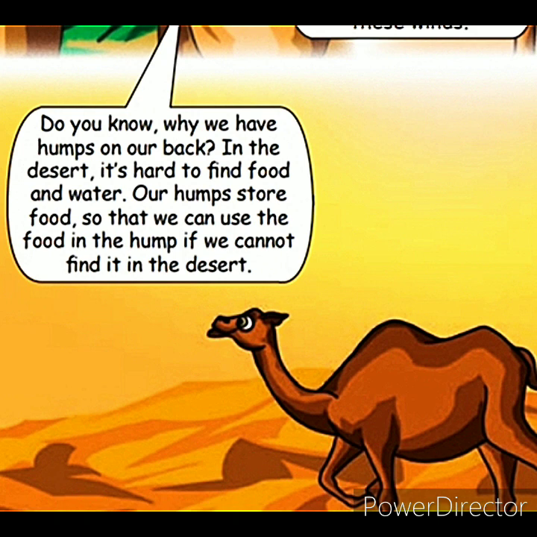Now the mother is saying, we have a hump on our back. In the desert, it's hard to find food and water. In the desert, as there is no water, we can't find any trees or plants. So we don't have enough food to feed ourselves.